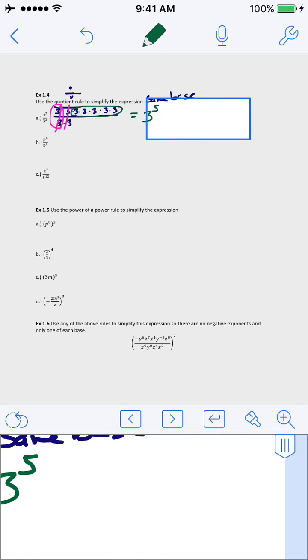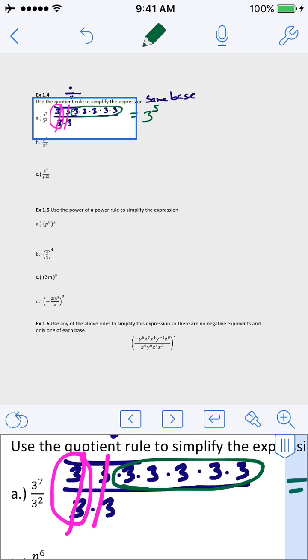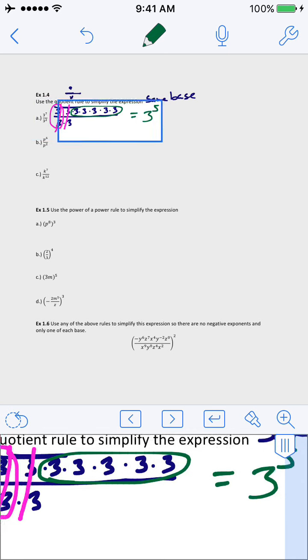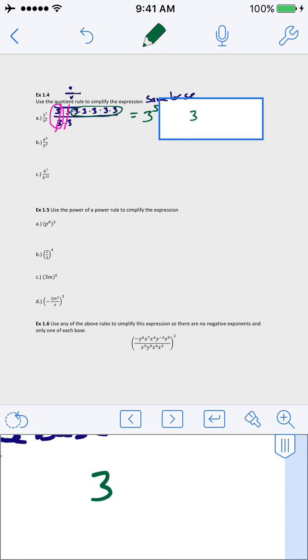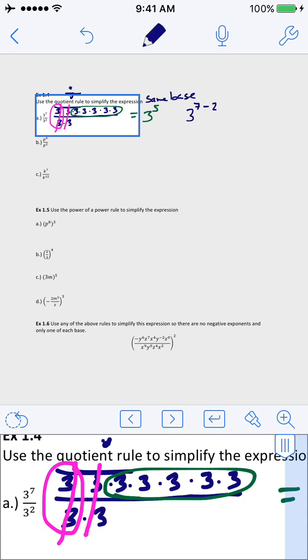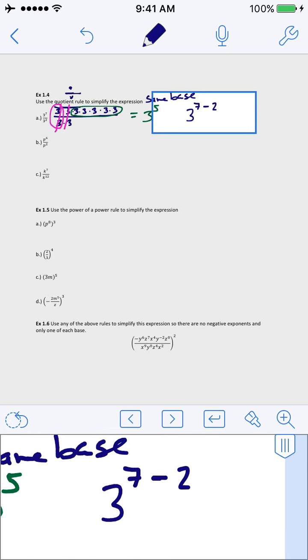The other way people think about it is, again, just a subtraction way. So just like with product rule, we strung them out, we added them together. Here, we're canceling them. And another way to think about it is taking the top value, so 3 to the 7th, and we're going to subtract the second that we took off, right? So we took off 2 because we ended up canceling 2.